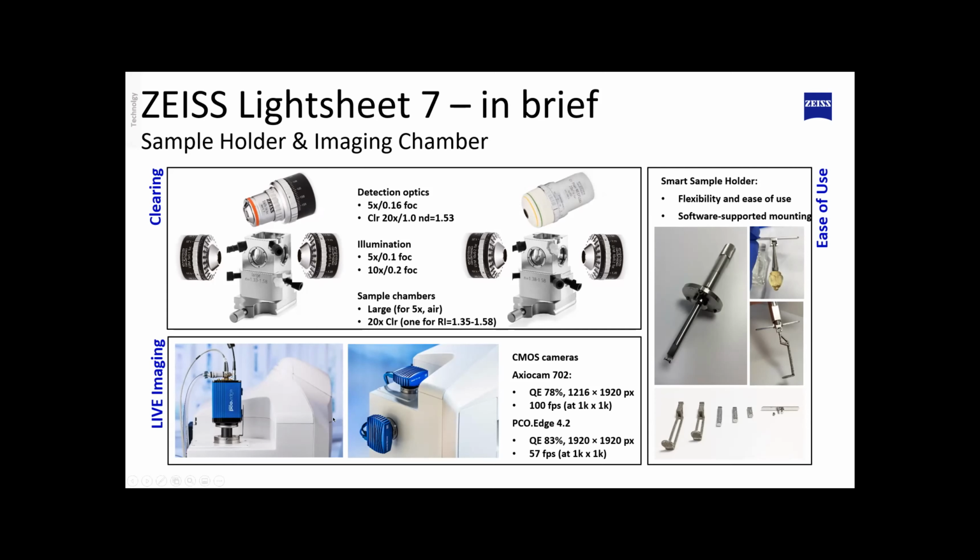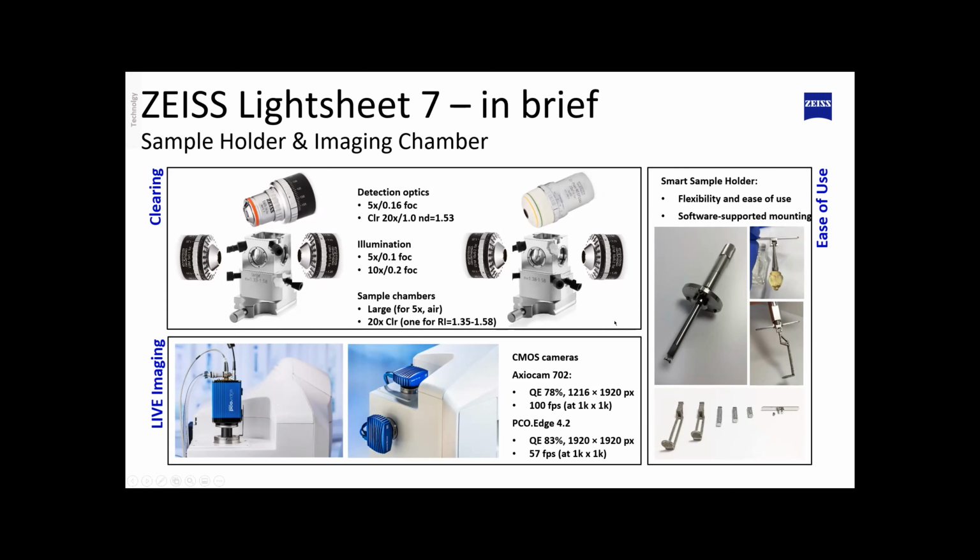This is coupled with a single or dual camera setup. Dual camera simply makes the whole thing faster, because you can excite two fluorochromes at the same time and image two fluorochromes at the same time with the right dichroic and emission filter setup.